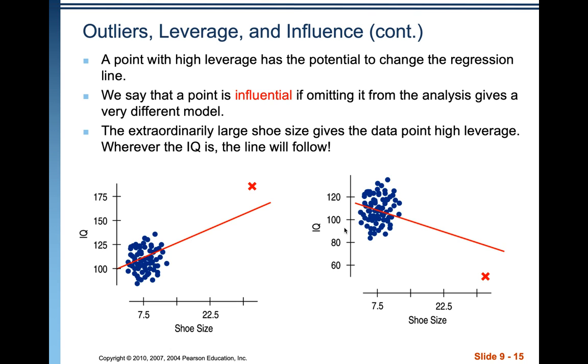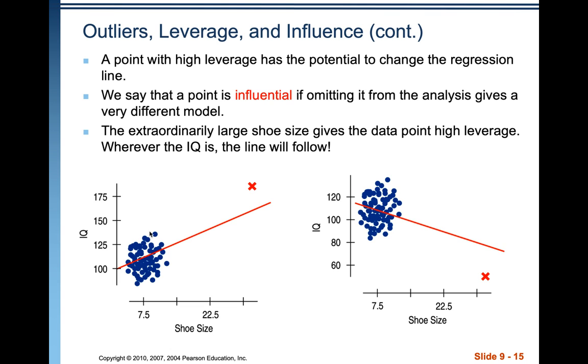Okay, so here we've got shoe sizes and IQs, and we are going to look and see the effect. Just notice that if we didn't have this extra point, it's just a cloud of data, which is great for a residual plot if we're looking for linearity. In a scatter plot, it means there's no discernible relationship between shoe size and IQ, which makes sense.